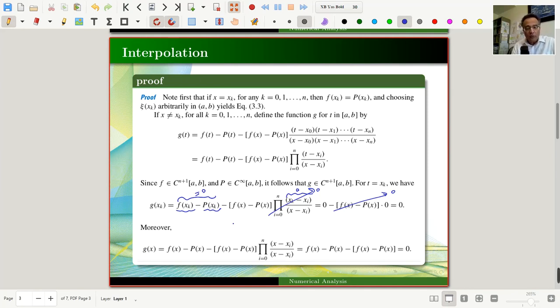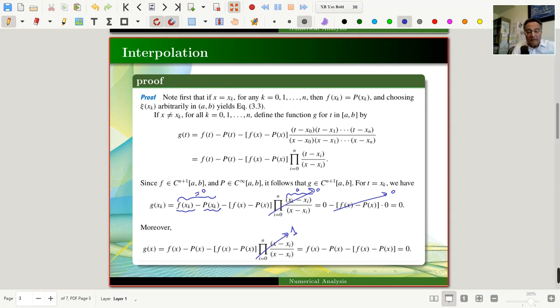Now you can consider g(x). Suppose that t is equal to x, so g(x) equals f(x) minus P(x) minus [f(x) minus P(x)] over this one, and we know that this term will be 1, so it just remains f(x) minus P(x) minus f(x) minus P(x), and this will be 0.